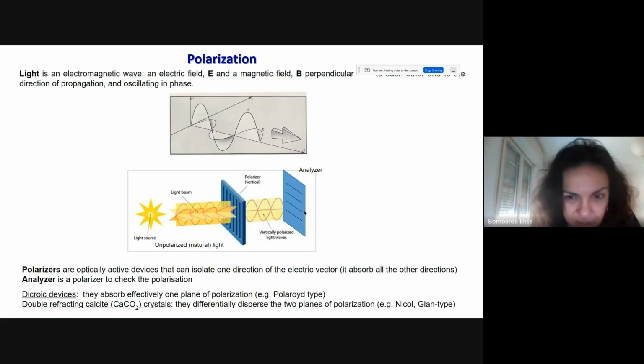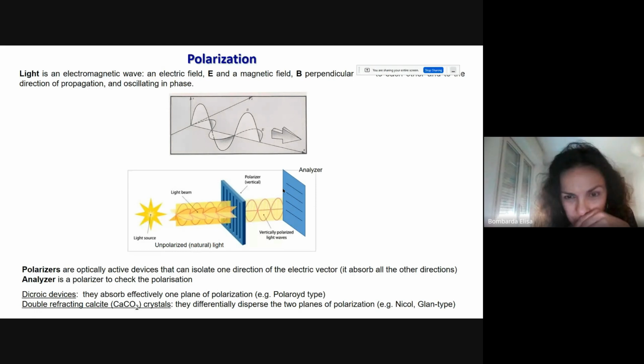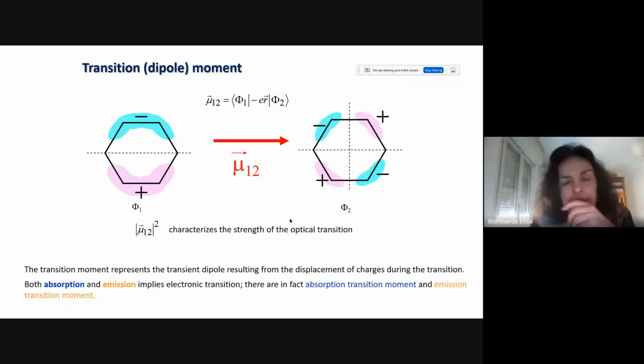The light is not passing through. So that's somehow the principle of sunglasses also, which are used to protect from glare. Okay, so that's polarization.